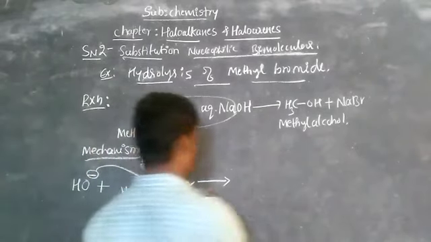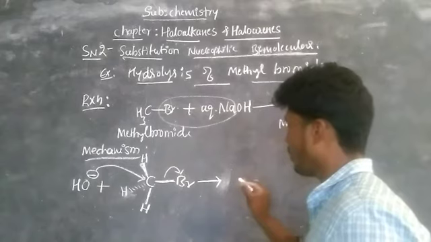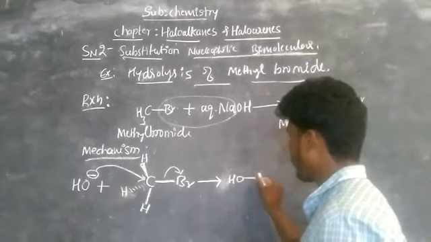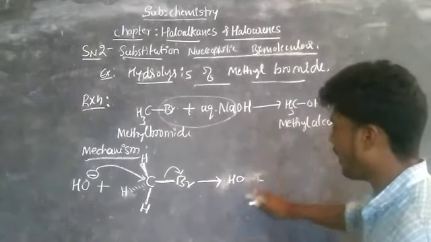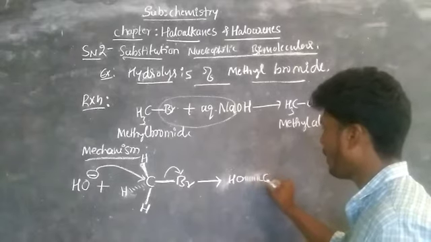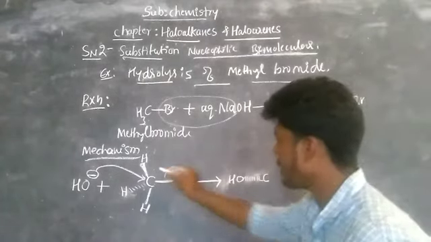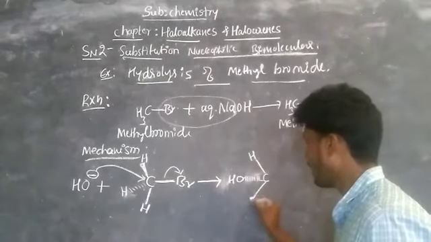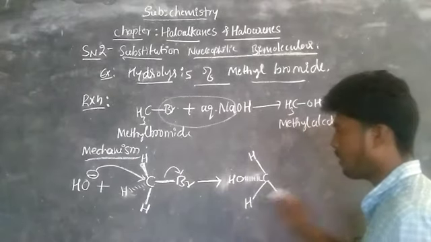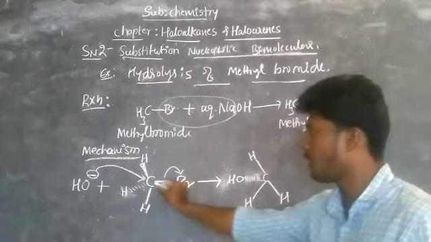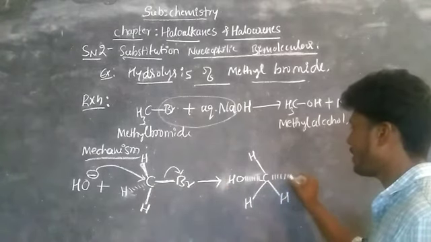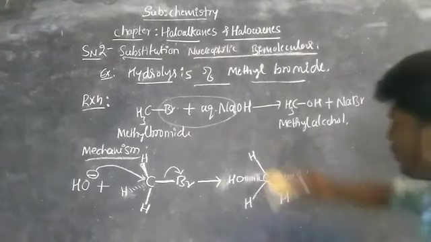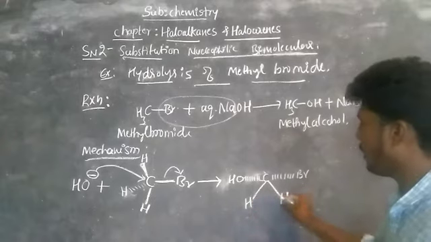So observe what you get in the transition state. Br is attached to the carbon, OH minus is attached to the carbon, I write like that, with partial formation of the carbon oxygen bond, and here there is one hydrogen, that is first hydrogen, then second hydrogen and third hydrogen. And this carbon bromine bond will be partially broken, writing like that. So here observe all these 3 hydrogens, 1, 2 and 3.